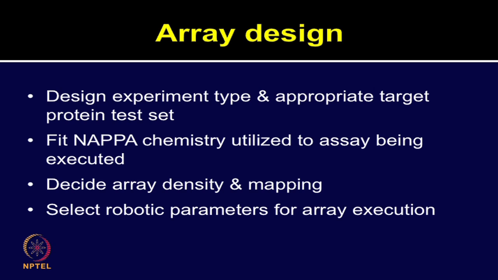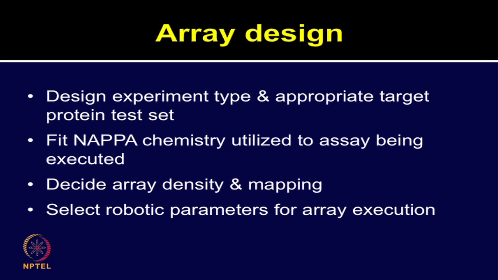So, let us start with the array design first. As I mentioned, a lot of thought process goes into designing these experiments. One needs to perform a thorough literature review. One needs to look at the experimental objective carefully even before moving forward with any type of microarray printing. So, design the experiment type and designate an appropriate protein test set.